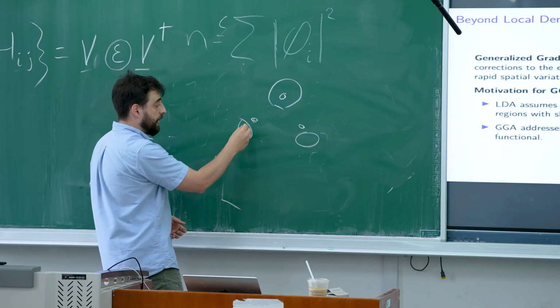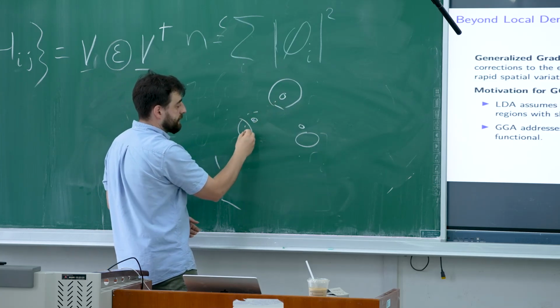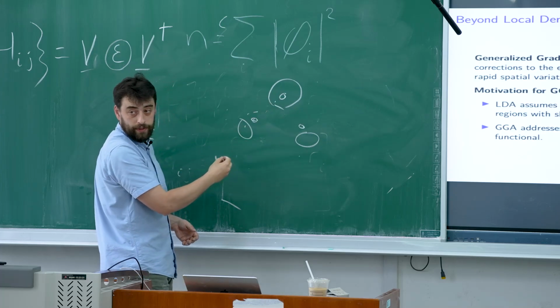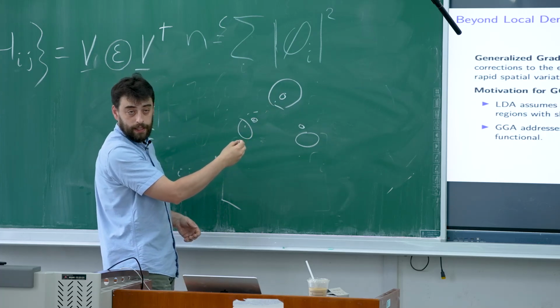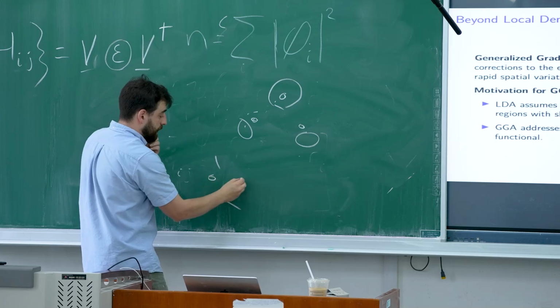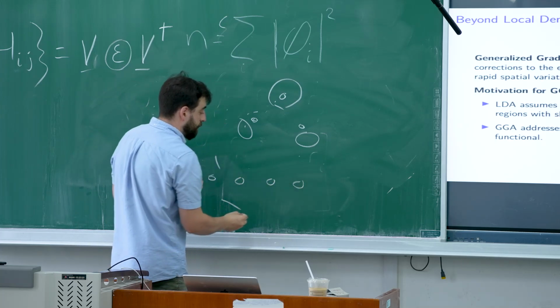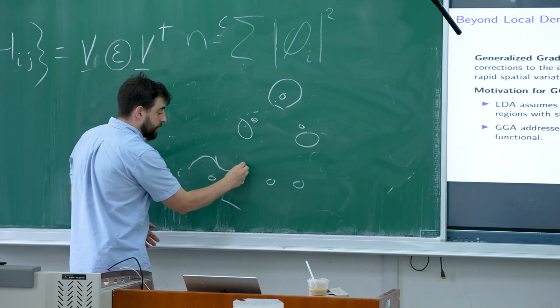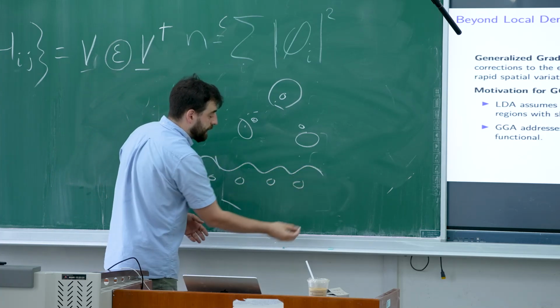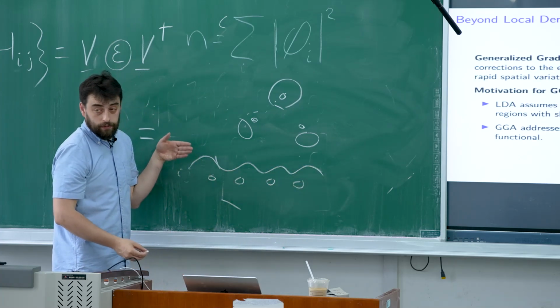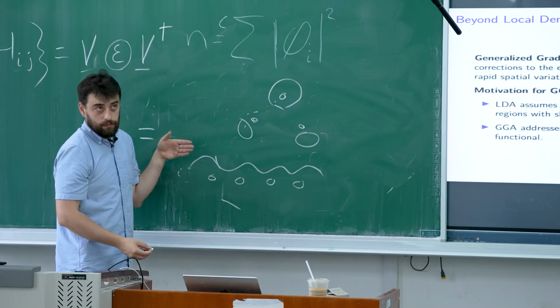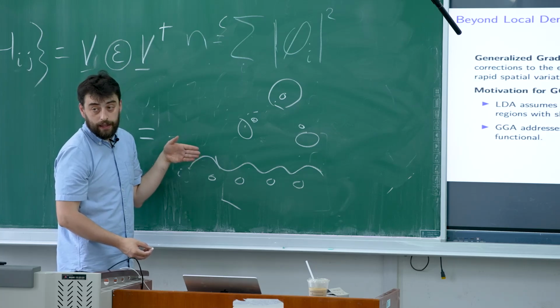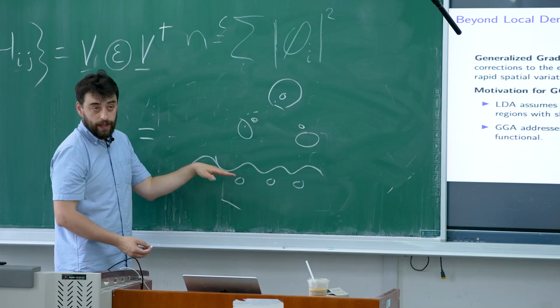So you might have high density over a very short period of space. Whereas if you're dealing with a solid state periodic crystal of a metal, usually the density varies continuously and gradually in space.